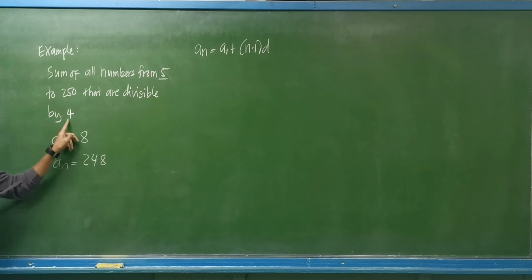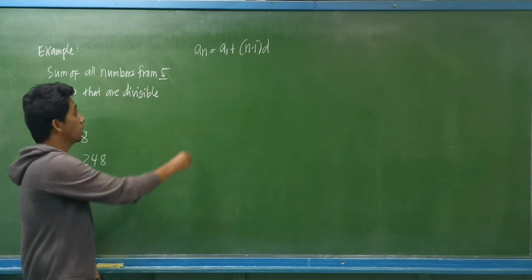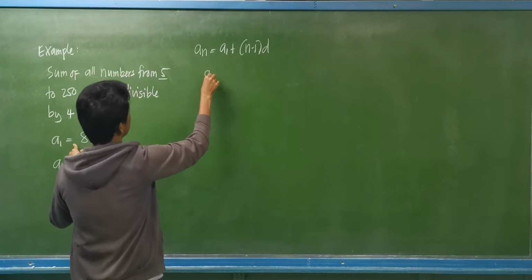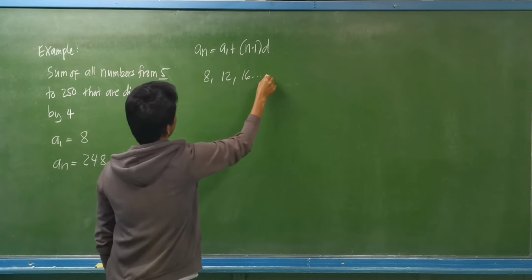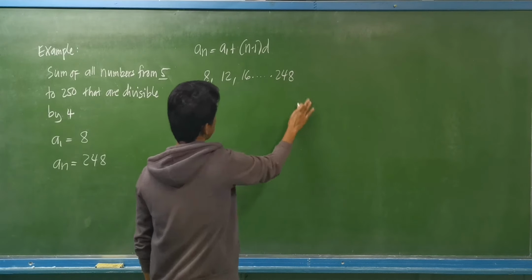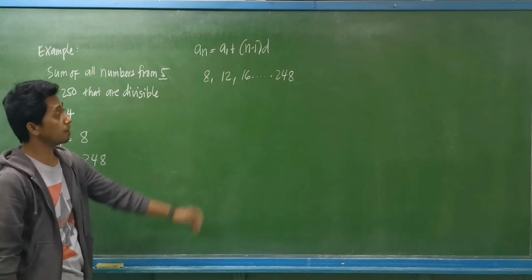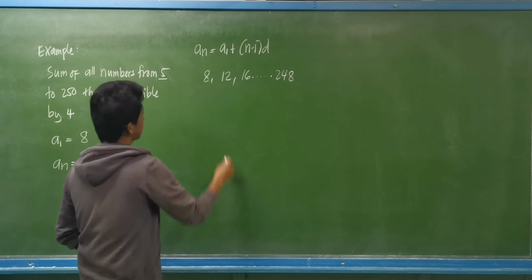To be divisible by 4, what is our common difference? If we start with 8, the next one divisible by 4 is 12, 16, up to 248. Obviously, 248 is divisible by 4. How many terms from 8 to 248?